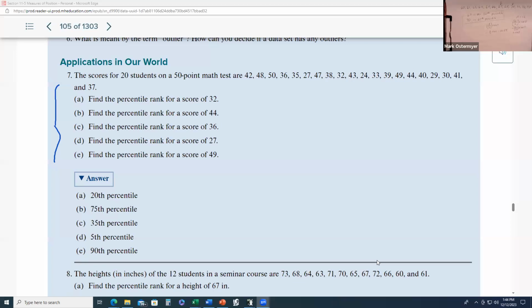All right, how about 27? Where's that? If you score a 27 out of 50 here, is that a good score or a poor score? What do you think? What percentile is 27?